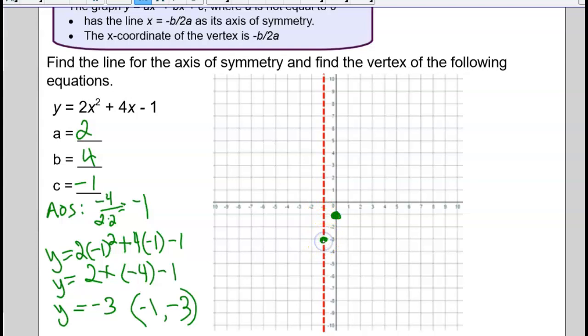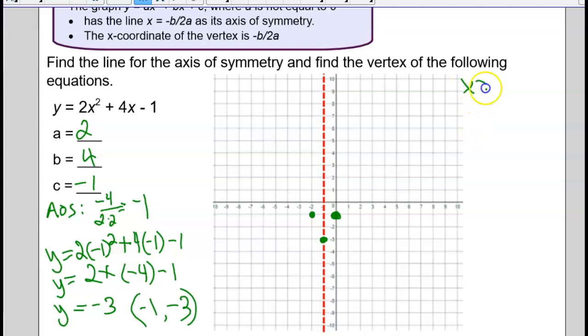And here's the great thing about the axis of symmetry. If I look at my y-intercept and it's 1 unit to the right of the axis of symmetry, then it's got to mirror 1 unit to the left of the axis of symmetry. Now let's find one more point so we can make a more accurate graph. Let's find out what y is equal to when x is equal to 1.